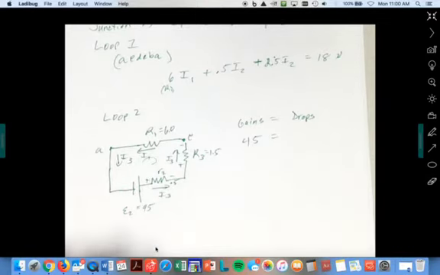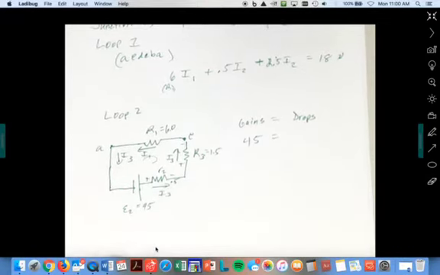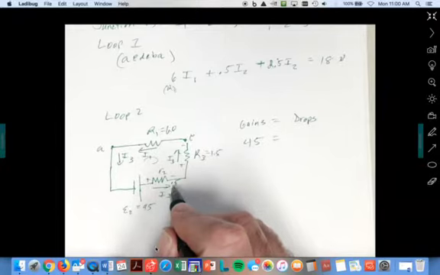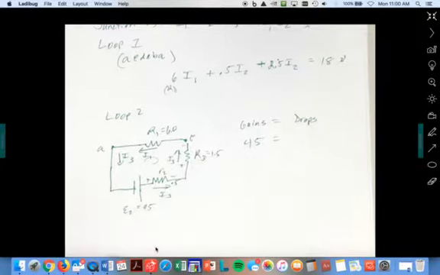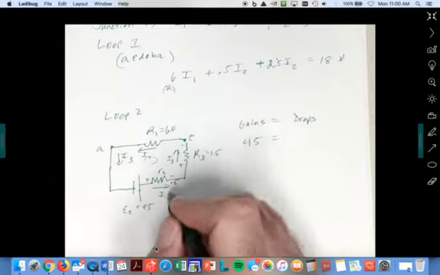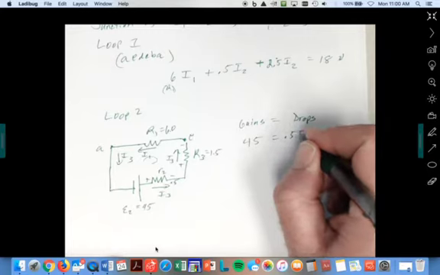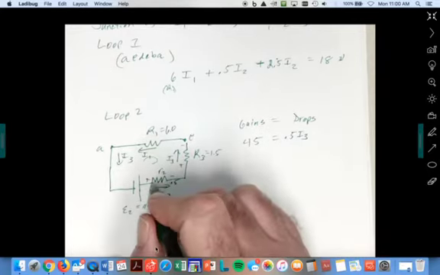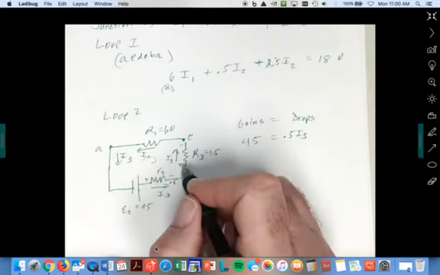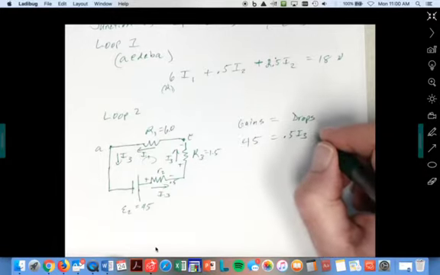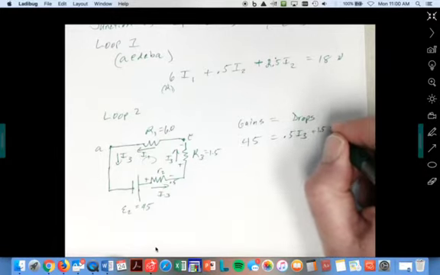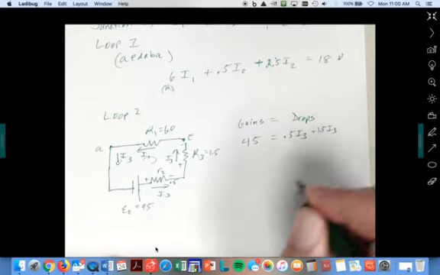Anyway, let's go back to the ladybug here. So I've got those in. So it's kind of like, yeah, this is that little internal voltage or internal resistance that they have. So this would be a drop of I3 times 0.5, so I've got 0.5 I3. And coming up here, I've got 1.5 plus 1.5 I3. Well, I'm going to combine those two together.